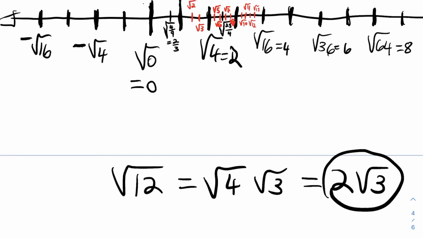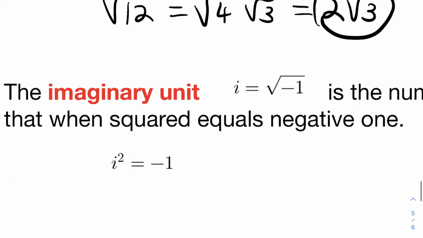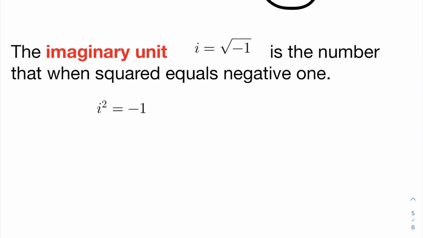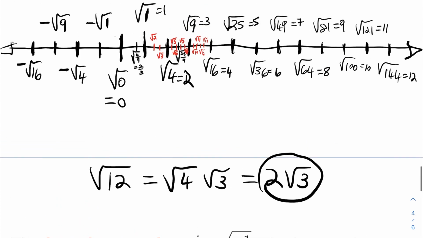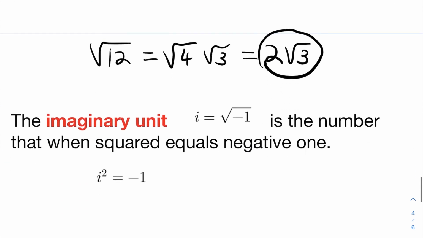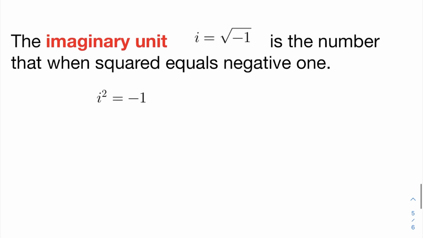Turns out there's another class of numbers that we want to look at here, and they involve this square root. All the numbers that we had been discussing so far were all on a number line. But this kind of number doesn't fit on that same number line. Numbers involving the imaginary unit, i. So what's the difference?